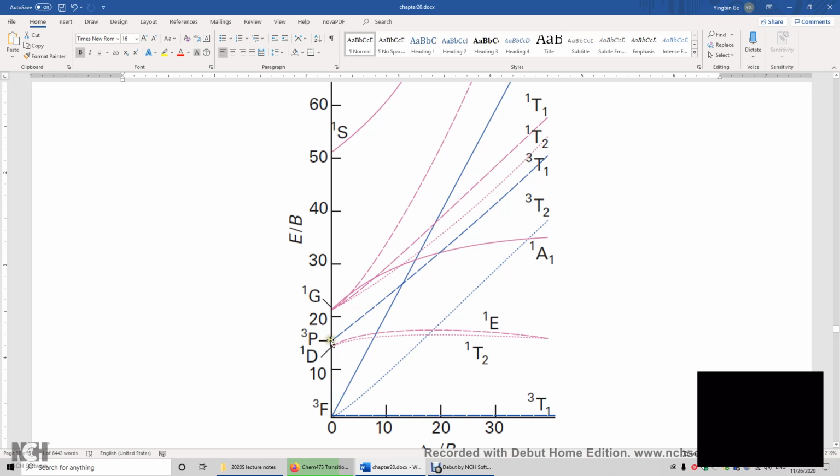So that's why you can see this is around 15, this is around 13. You can use the Racah parameters and Racah energy expression to get this 1G and 1S energies relative to this 3F.